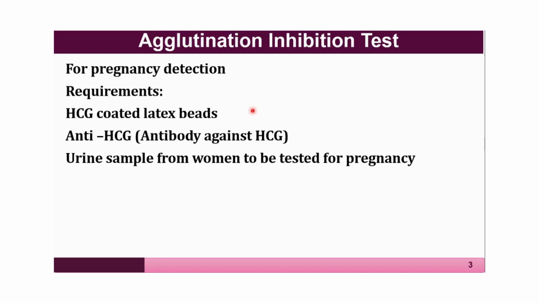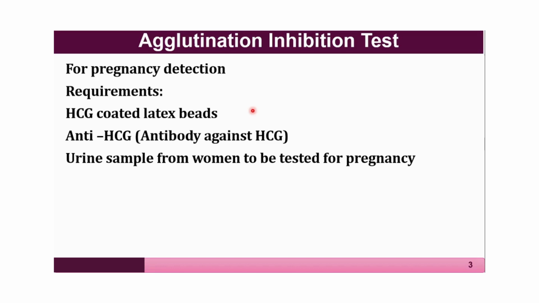The antibody developed against the HCG is called anti-HCG. And the anti-HCG and the HCG are the two important materials that are required in the test kit. And the urine sample of the woman to be tested for pregnancy.